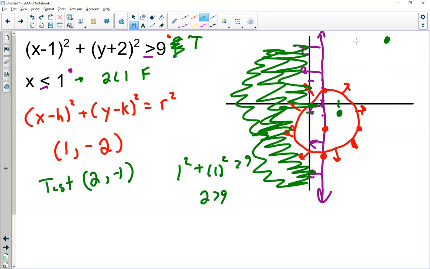Wait, why couldn't we do 0, 0 for this one? The circle could have hit 0, 0, and it depends on how nicely you draw a circle. Since I didn't use a computer and you also do it in pencil, you don't want to risk that. Wait, why does that matter? 10, 10 doesn't hit the circle. Because what if you misdrew the circle and it looked like this, right? That's not past 0, 0.